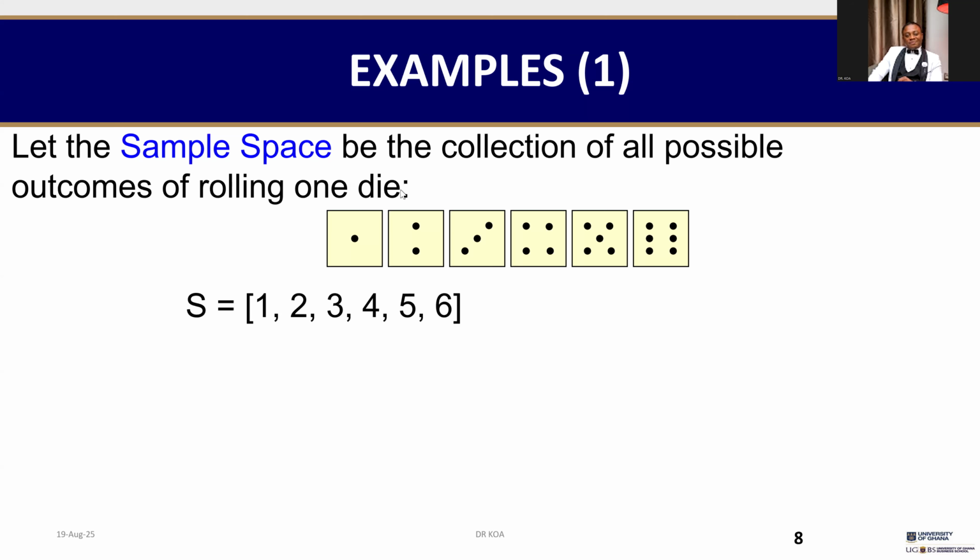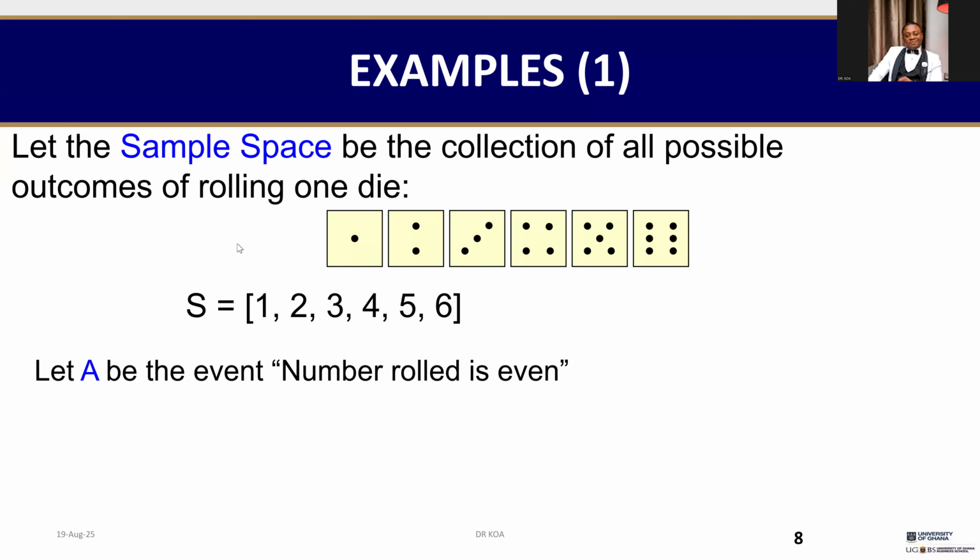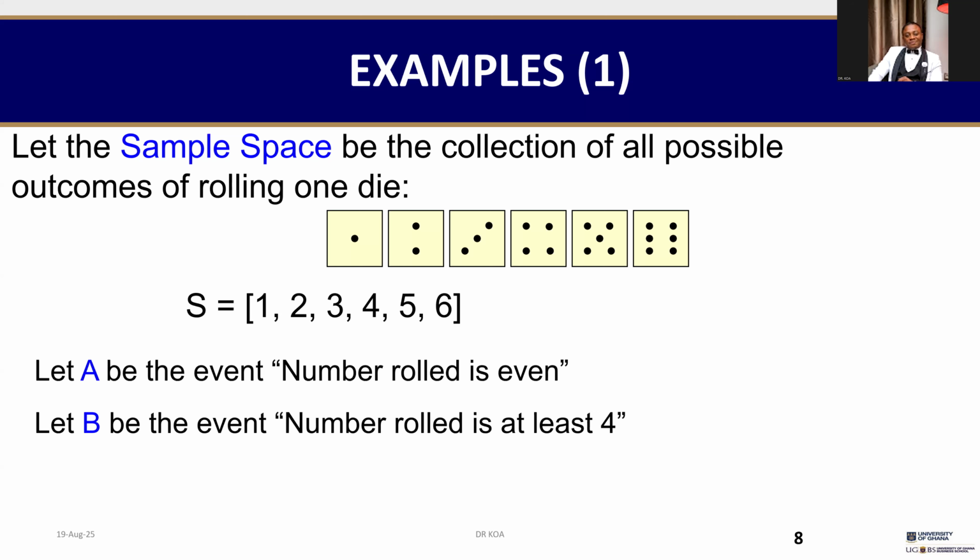My question, and there are several questions you can ask when it comes to this. If we let A be an event where the number rolled is an even number, so A is an even number out of the sample space of 1 to 6, and if B is an event representing the number rolled is at least 4.